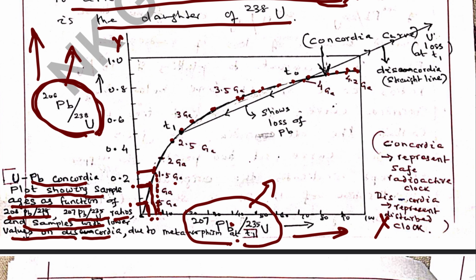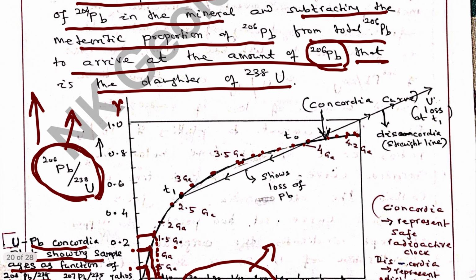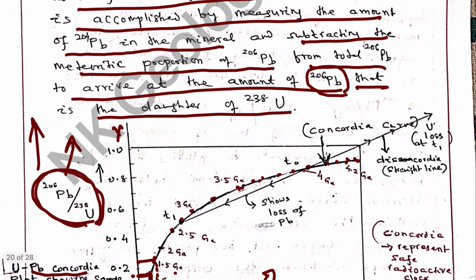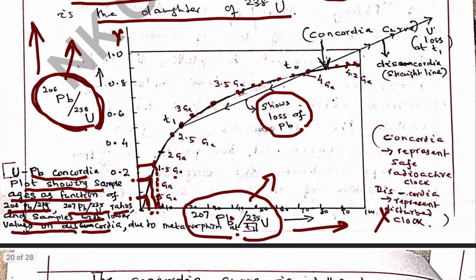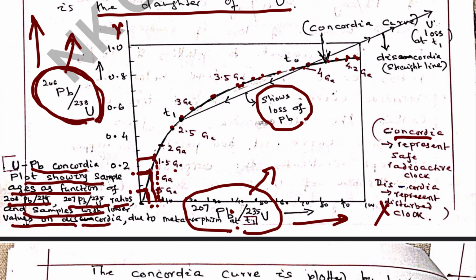It is not curved because it indicates a particular age at which the temperature became more than that of the Pb, as a result of which some amount of Pb is found to be lost from the system. So it gives rise to the Discordia line. Concordia represents a safe radioactive clock. Discordia represents a disturbed clock.